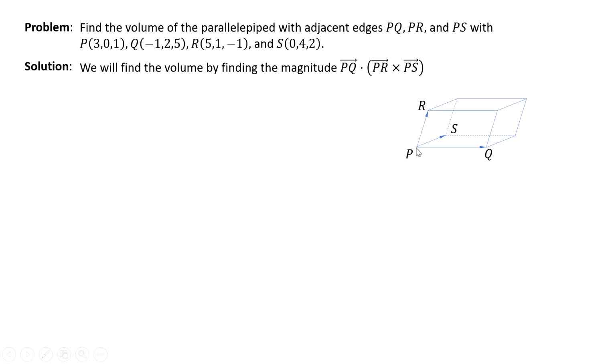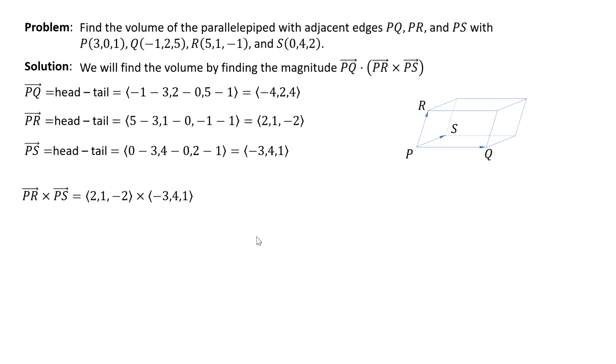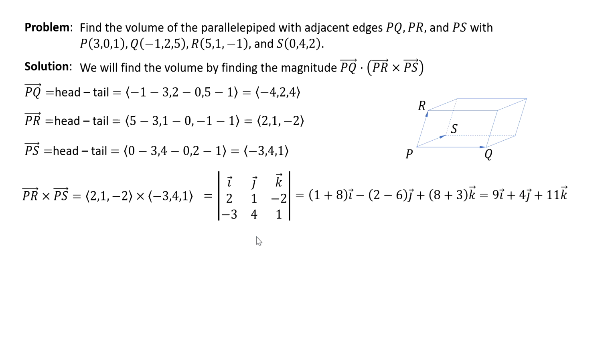If you want, you could do PS dotted with PQ cross PR. Maybe you might want to check that. Again, PQ, head minus tail, PR, head minus tail, PS, head minus tail. PR cross PS gives this vector.